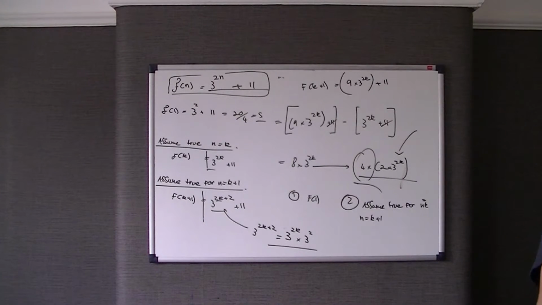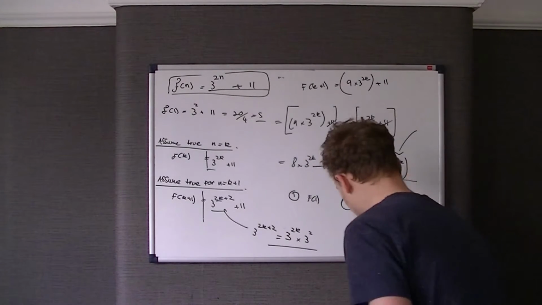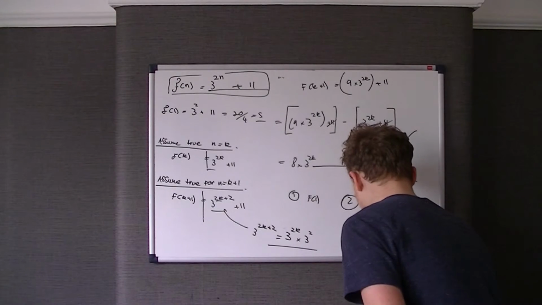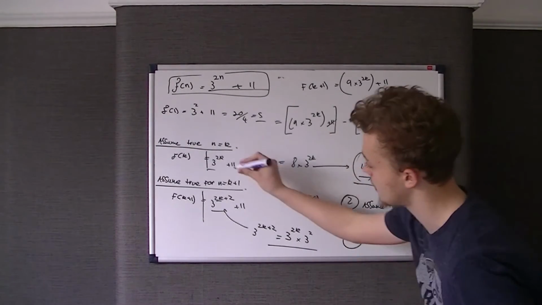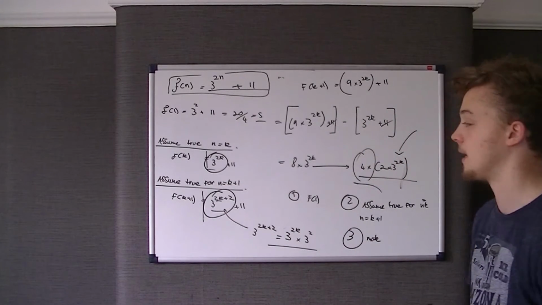And then the third point is, if it doesn't already, which you probably won't do, make the term, so make this here the same power as the one in n equals k plus 1.